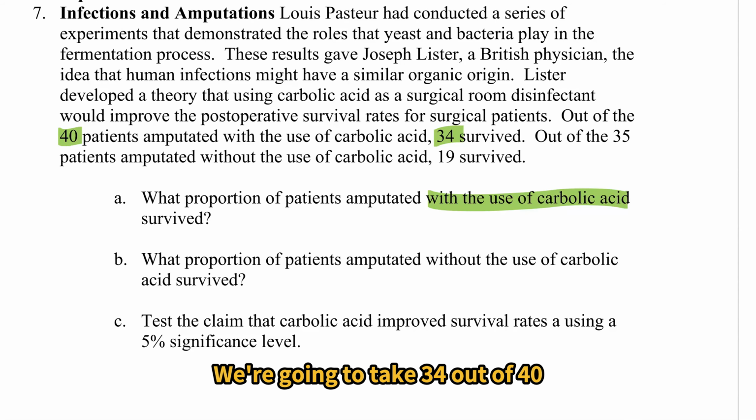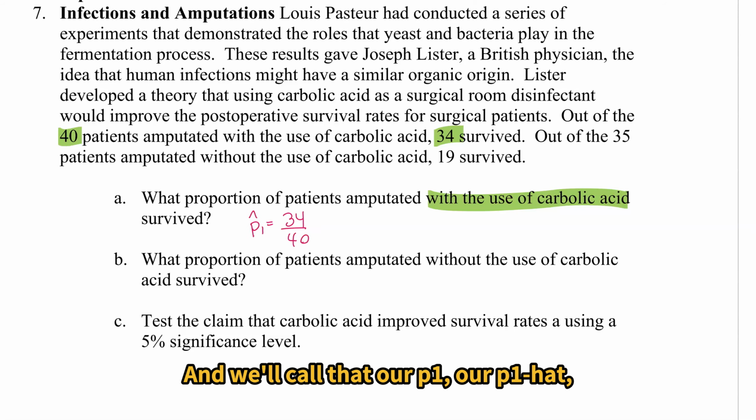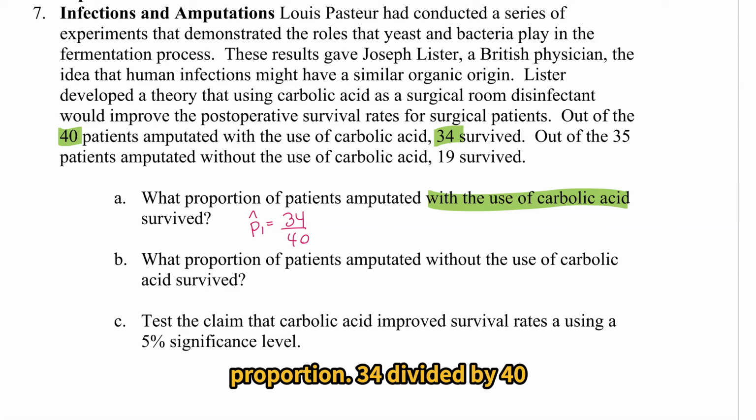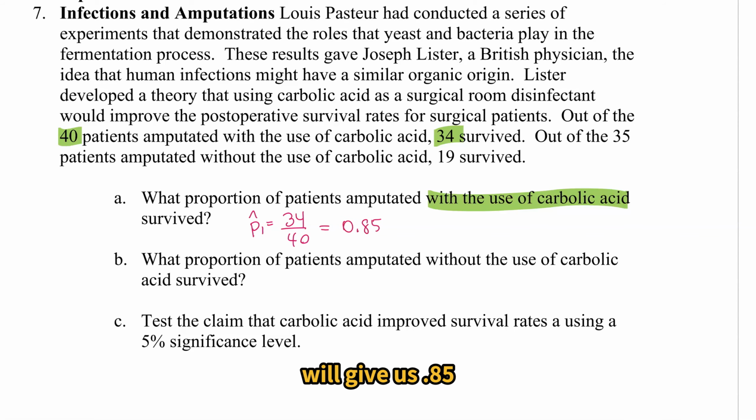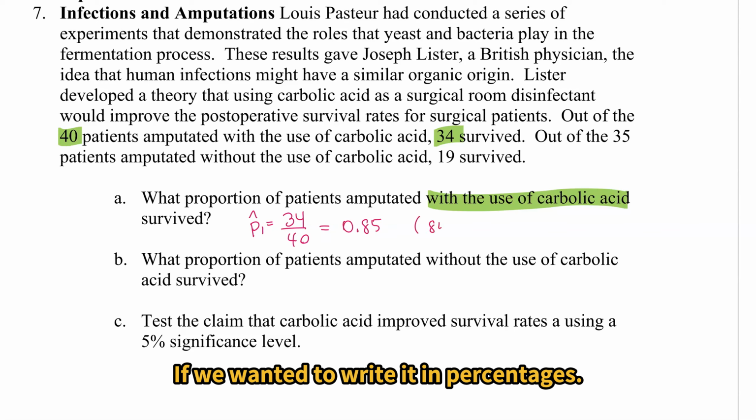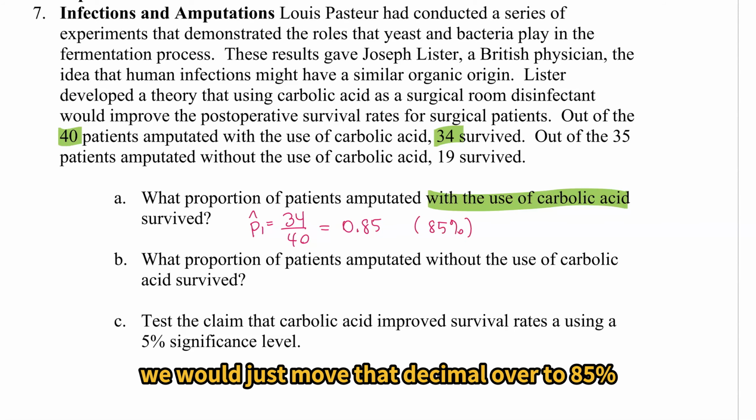We're going to take 34 out of 40, and we'll call that our P1 hat, our first sample proportion. 34 divided by 40 will give us 0.85. If we wanted to write it in percentages, we would just move that decimal over to 85%.